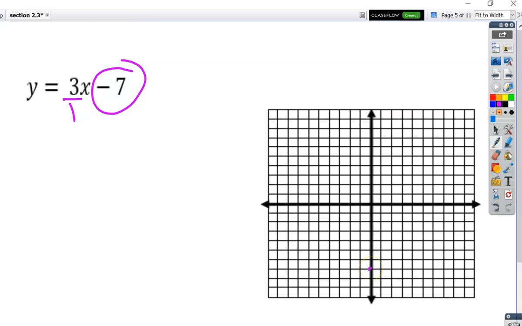And we're going to go up 3 spaces and to the right 1. You can also, from the y-intercept, go down 3 spaces and to the left 1, and connect your points.